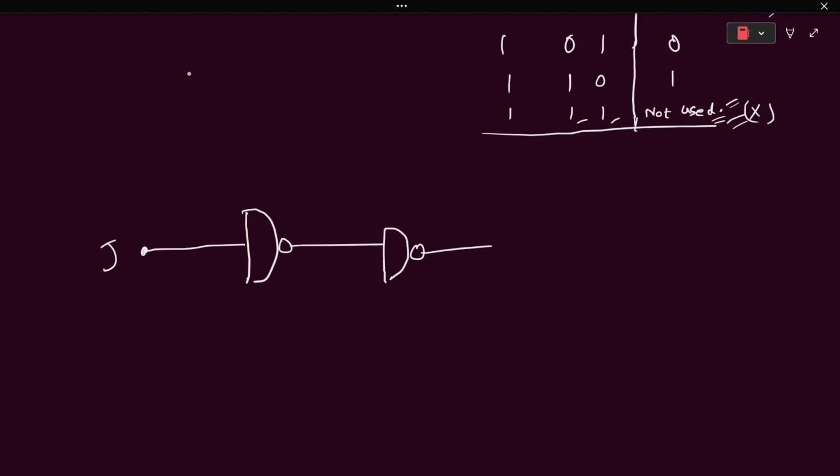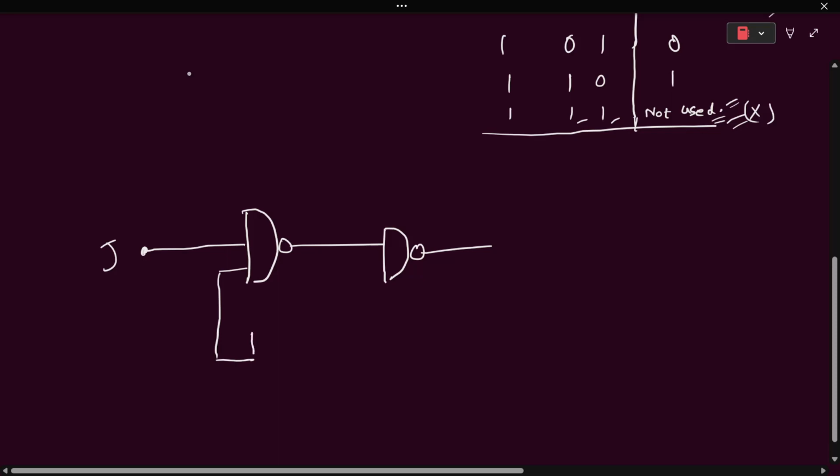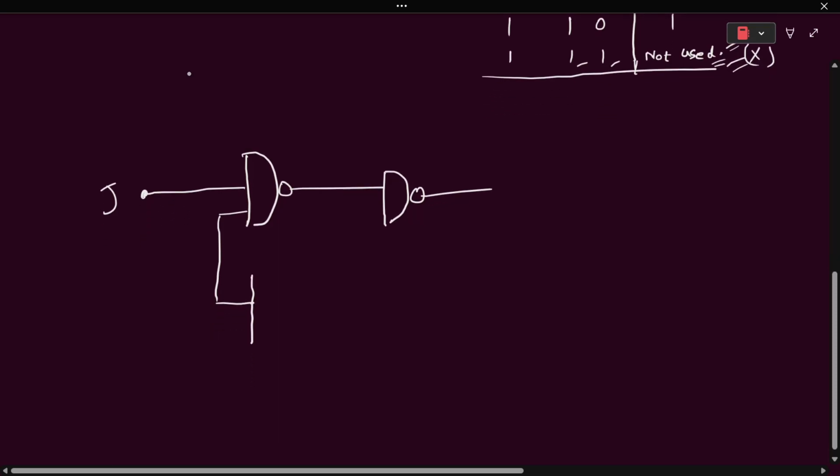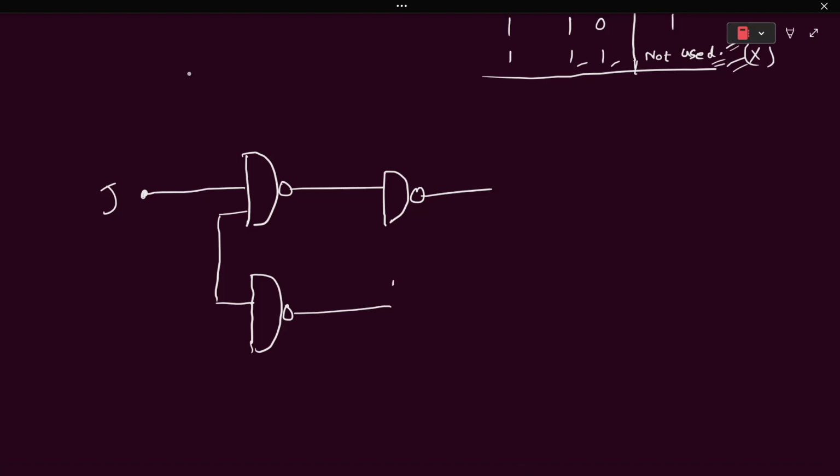This is the input J. Here the clock is there. This is the other input K.